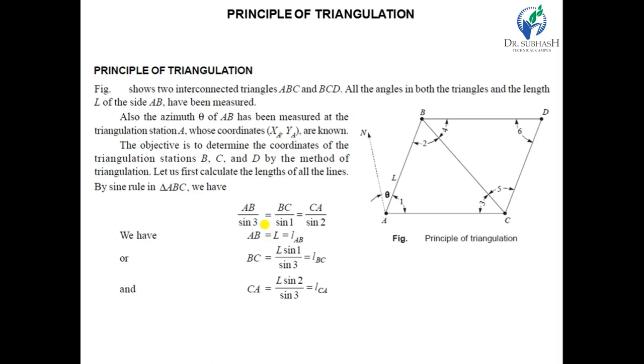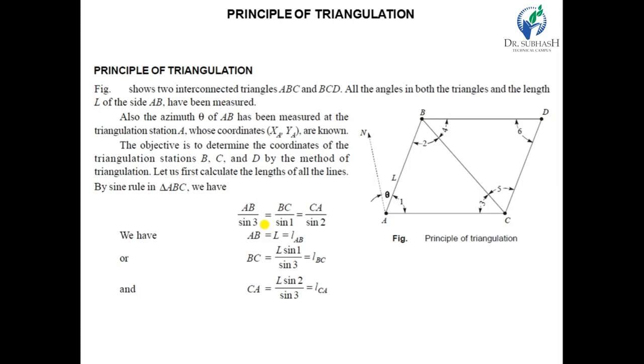The objective is to determine the coordinates of triangulation stations B, C, and D by the method of triangulation. Let us first calculate the lengths of all lines by the sine rule in triangle ABC. We have AB upon sine 3, BC upon sine 1, and CA upon sine 2.